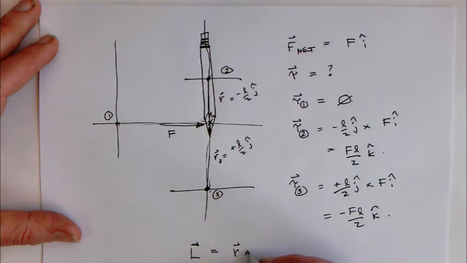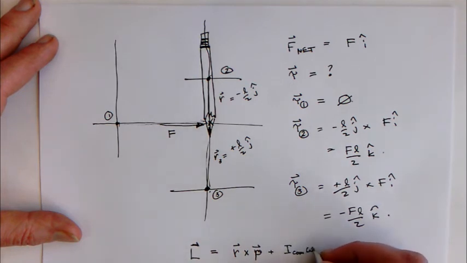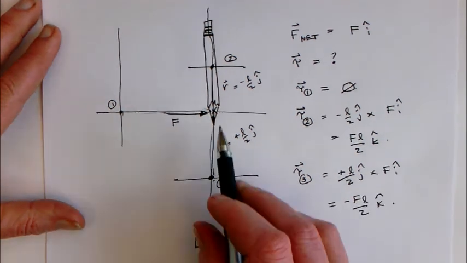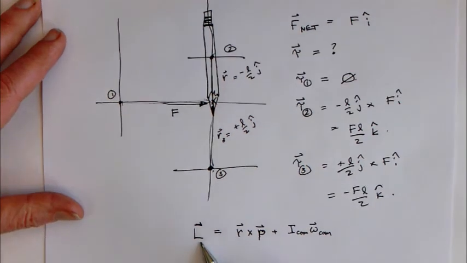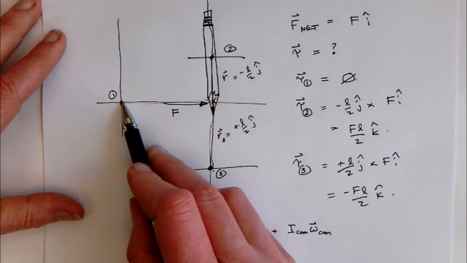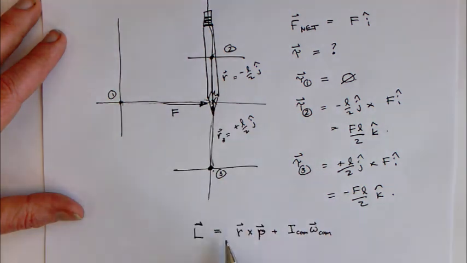So remember that the angular momentum of this object, this pencil, is going to be r cross p plus the angular momentum about the center of mass, I times the angular velocity as measured about the center of mass, right? Because we're going to have an object here which will end up both rotating and translating. And so pretty clearly, if I choose origin 1, I'm going to have a different value for this r cross p for the center of mass, right?